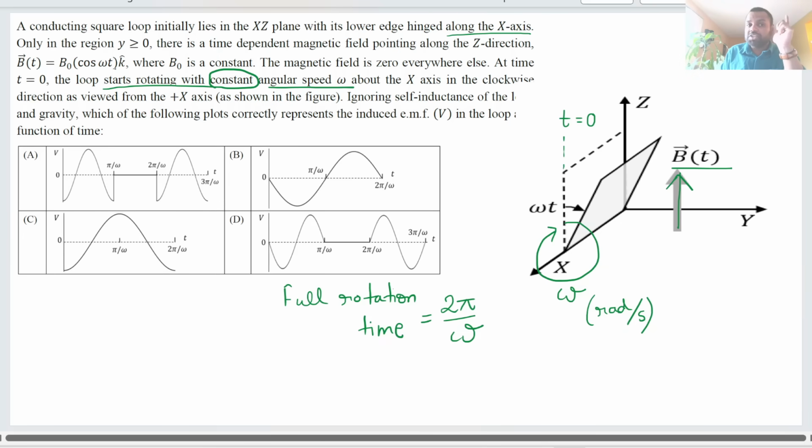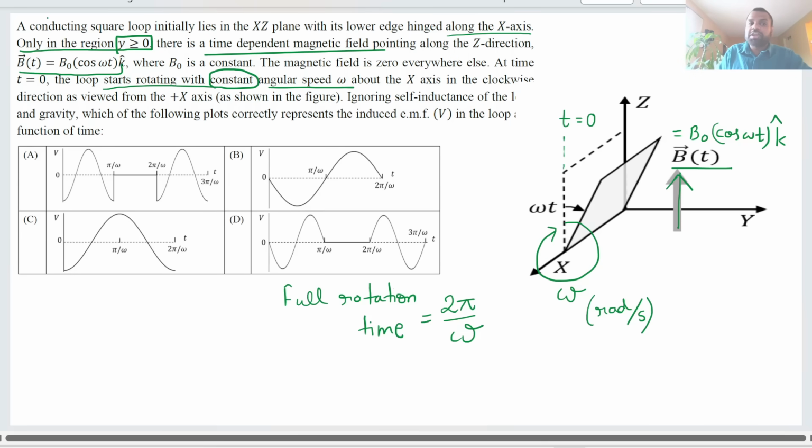Now another important thing is, it says only in the region y greater than or equal to 0 there is a time dependent magnetic field, right? And B vector is B naught cosine omega t k cap, and it's always along the z direction, but it is changing over time. So see, the loop is rotating, so the flux is going to change.